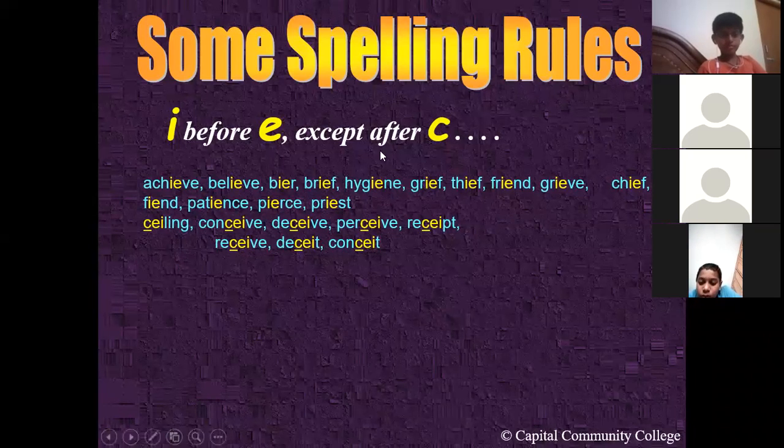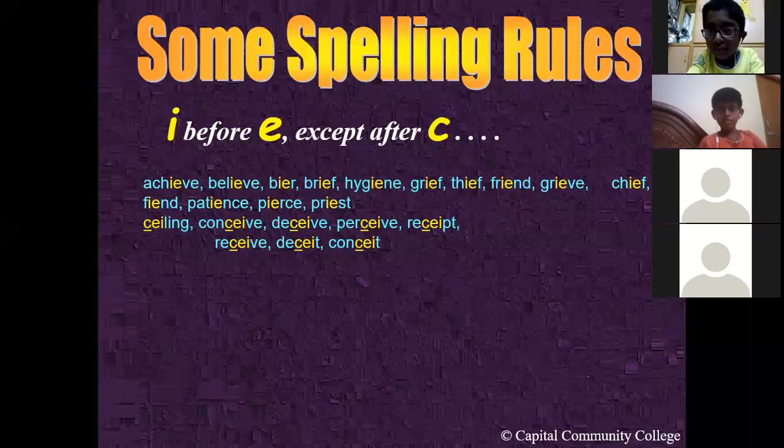But whereas there is letter C, like ceiling, here they exchange the places. C, then E, then I. So whenever you find letter C in the word, letter I should be after E. Ceiling, conceive, deceive, perceive, receipt, receive, deceit, conceit, right?